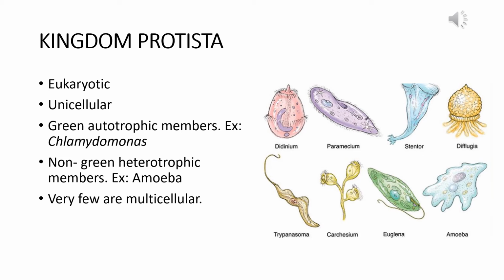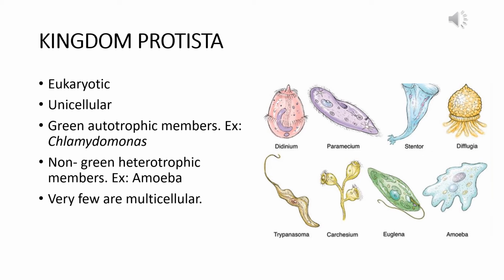We are taking a step forward to some developed organisms than kingdom Monera, and we are here with kingdom Protista. The representatives of kingdom Protista are still unicellular just like kingdom Monera, but different.